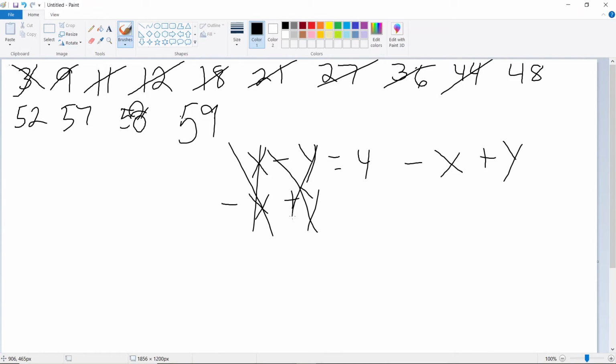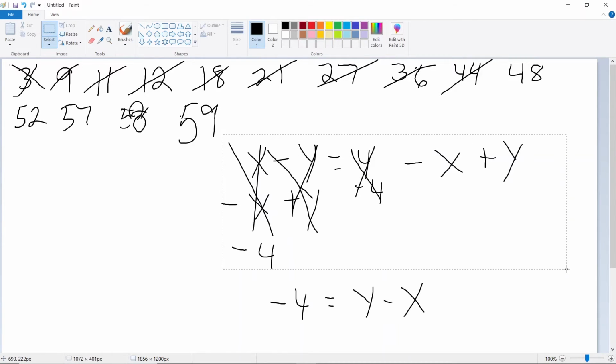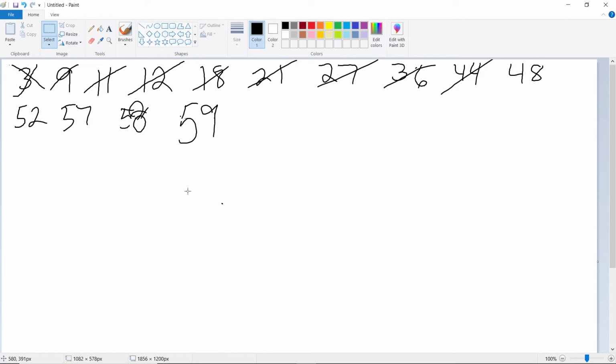Those go away. And I subtracted 4 from both sides. Those go away. So now I got negative 4 equals negative x plus y, or y minus x. So I could always turn it around like that. Sometimes you have to recognize when you have to do a little manipulation to get a different pattern from what you have. Okay, that's number 48.